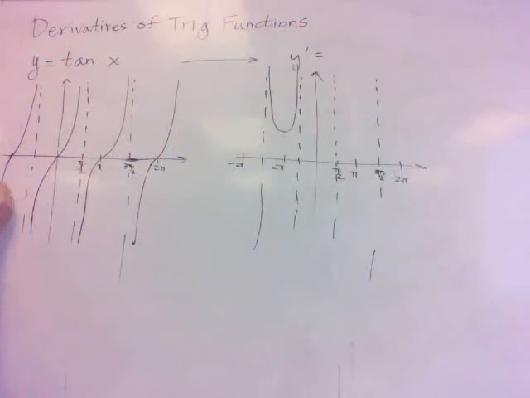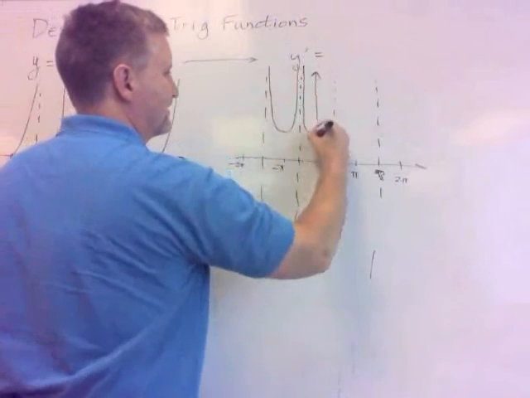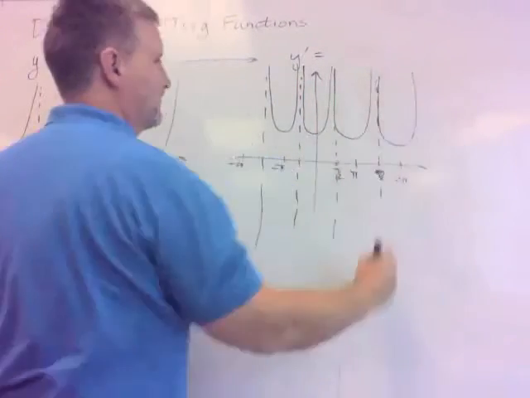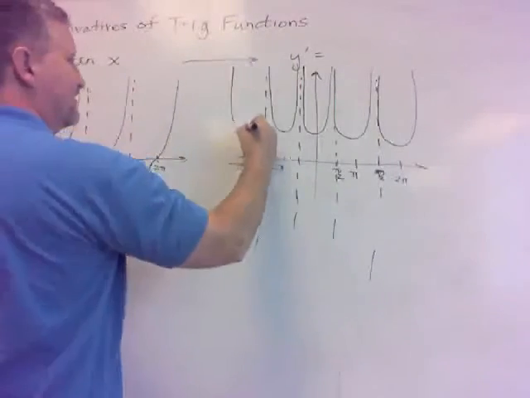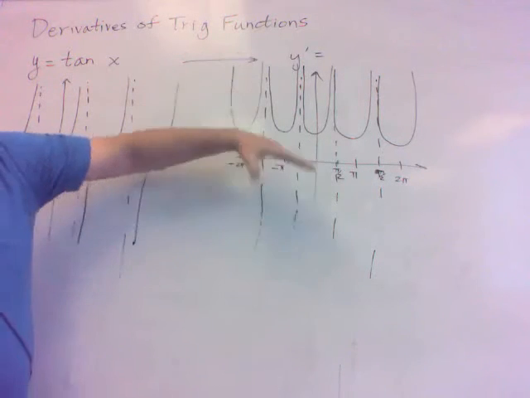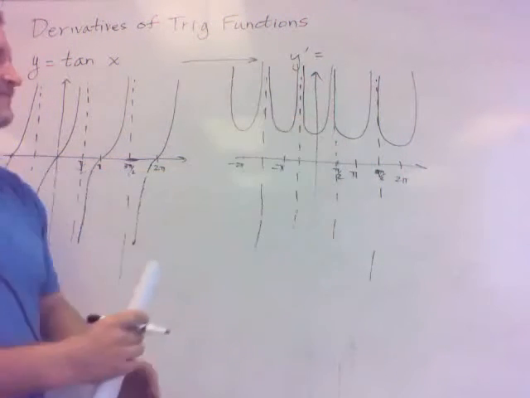Big positive, slightly less, less, big, bigger. Okay. So each one of these branches looks like this. So anyway, you wind up with this, which looks a whole lot like secant. However, secant, remember secant, it alternates up, down, up, down, up, down. This is secant squared.